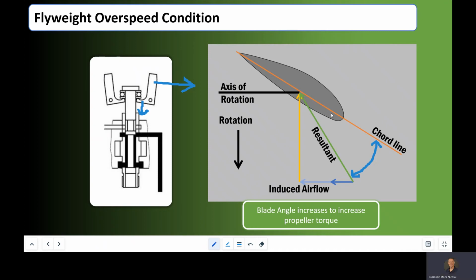So we're using torque to help regulate the speed of the propeller blade. So when the propeller blade spins too fast, overspeed condition, we get oil pumped right into it, greater angle of attack, more torque, we slow down.